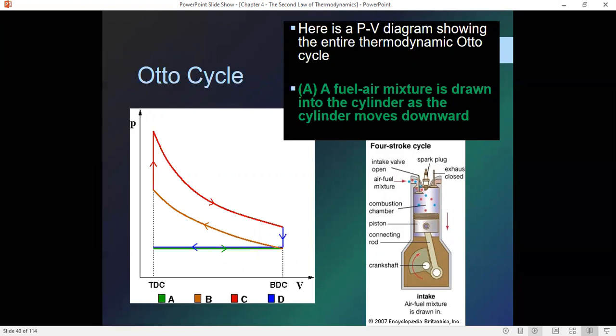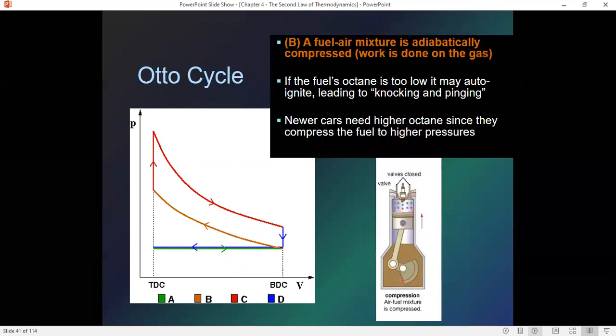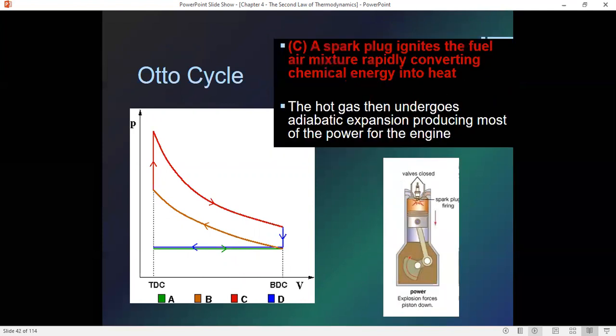After it's compressed, it ignites. Okay. Fuel air mixture is adiabatically compressed. Work is done on the gas. Spark plug ignites the fuel. Okay. So again, sorry, it's a little bit confusing right here.